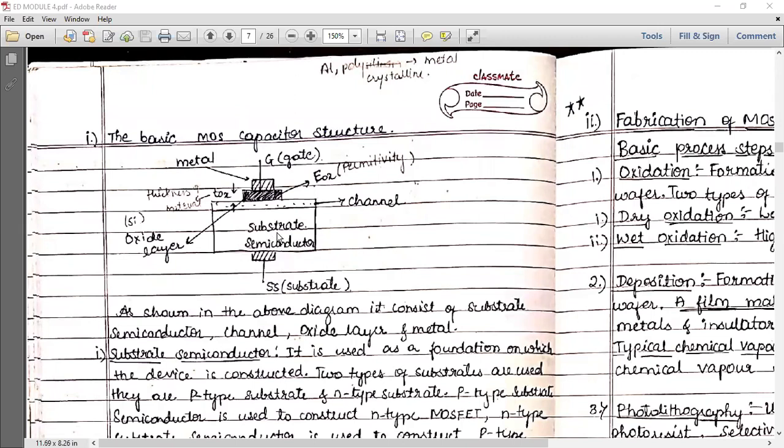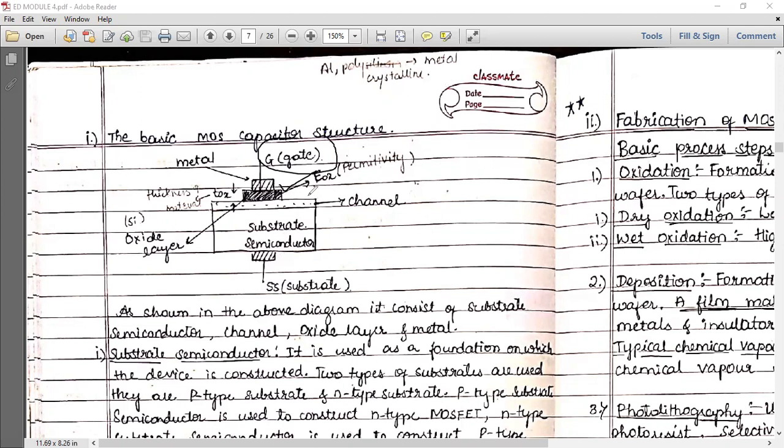After this, there is a channel here. What is the role of the channel? The channel allows carriers like electrons or holes to provide a path from the source to the destination. That is the role of the channel. After that, we have the oxide layer, which acts as an insulator between the gate and the channel.